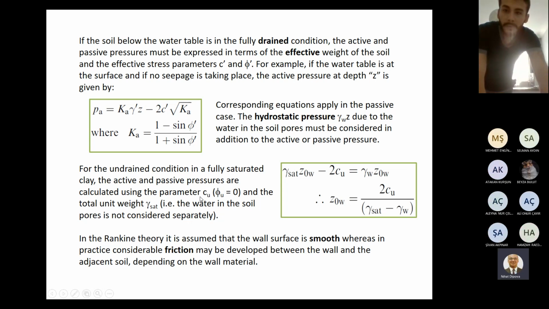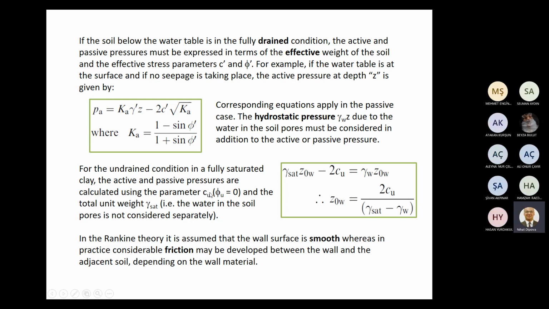What does it mean? This is cohesion when the internal friction angle is 0. Undrained shear strength, undrained cohesion, and unit weight in calculations will be gamma saturated.